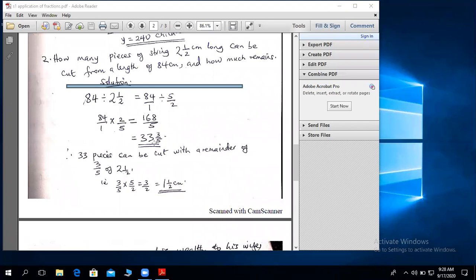So this is what is remaining. But it is remaining out of what you are dividing.